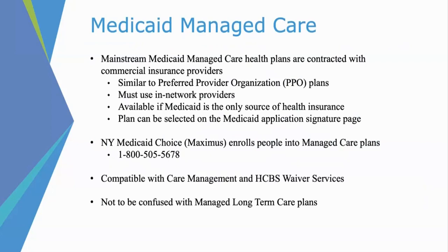New York Medicaid Choice, also known as Maximus, enrolls people into managed care plans, and their contact number is 1-800-505-5678. These mainstream Medicaid managed care plans are compatible with care management and HCBS waiver services. And this is not to be confused with managed long-term care plans. These specifically are mainstream Medicaid managed care health plans. Next slide, please.